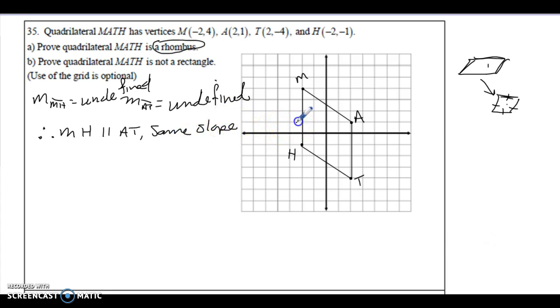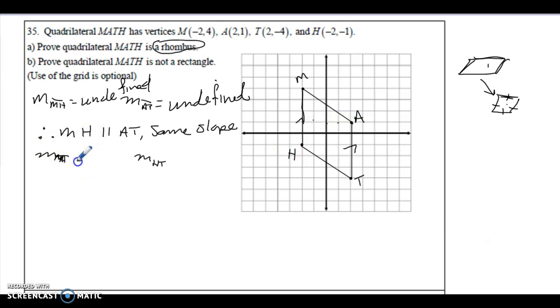Then I'm going to mark these parallel, and go ahead and do the other pair of sides. So MA and the slope of HT, I'm going to count. I'm going to go rise over run, down and to the right. To go down and to the right from M, I'm going 1, 2, 3 down, 1, 2, 3, 4 to the right.